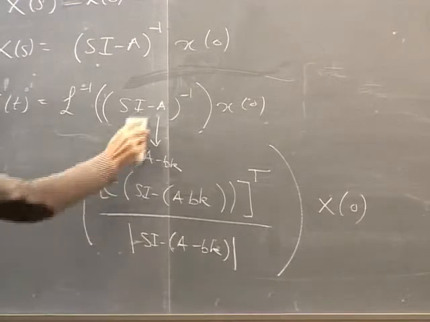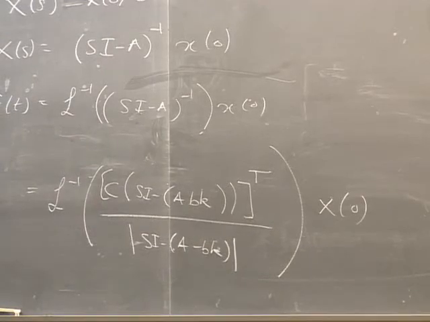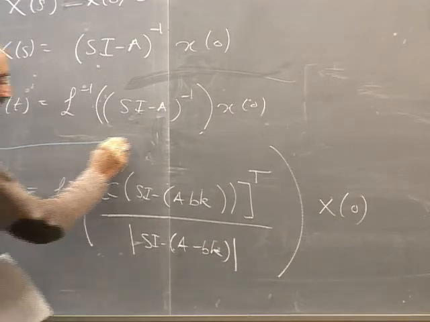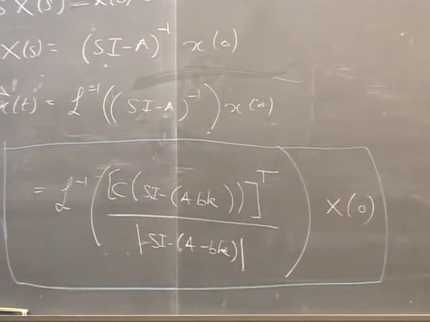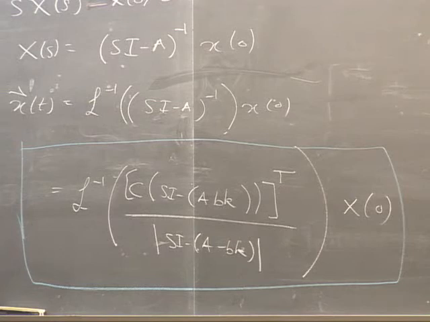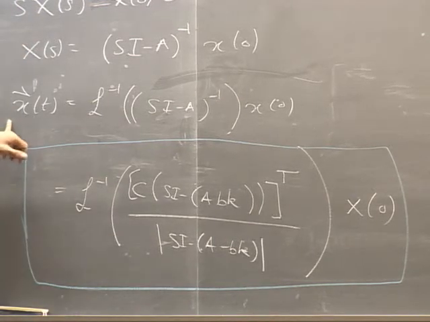So I've actually done the substitution over here, and let me draw another box around this to show that this is the result that we want to look at for a moment. What we're doing over here is looking at the time evolution of the control system.